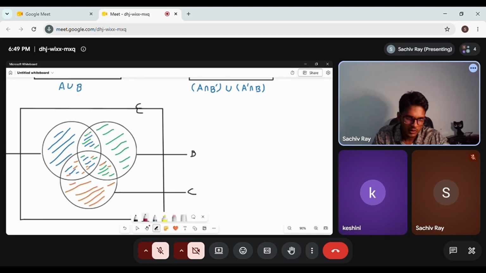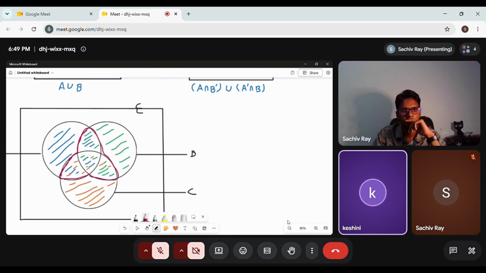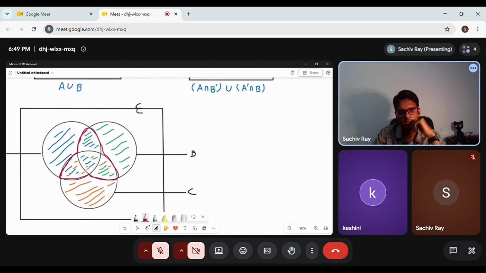Okay, this part, like this, and like this. Just the three middle parts. Don't look at the book, okay? The three middle parts.